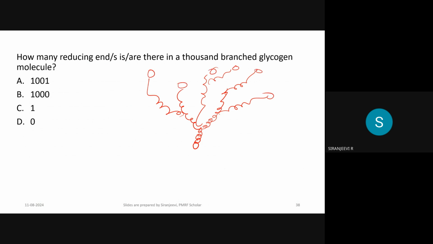Whether it is 1000 branches, 1 lakh branches, or 10 lakh branches, only one reducing end will be there, at the starting point of the molecule. So it's not 1001, not 1000, not 0. Only one reducing end.